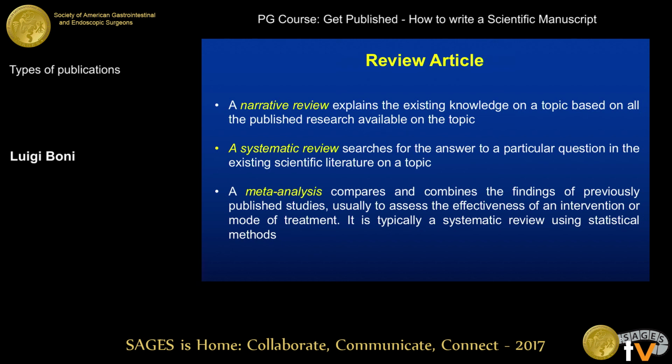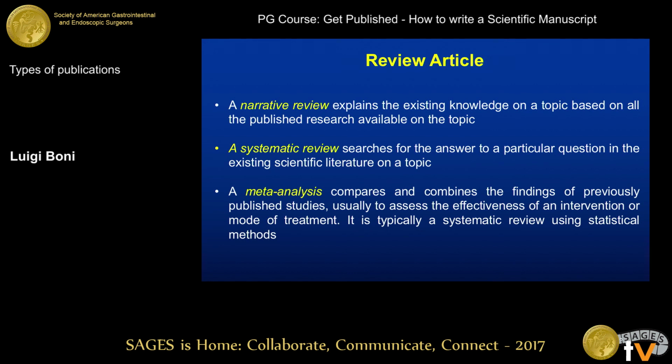Systematic review. You get the data of a specific topic, and you try to answer a particular question on this topic. So you focus your interest on the results of the literature that is present. The meta-analysis is basically a form of systematic review, but where you apply a statistical method in order to compare results from one study to another one in a systematic review.